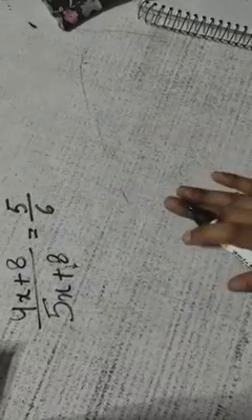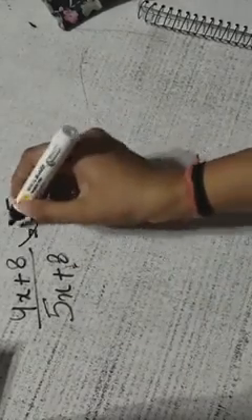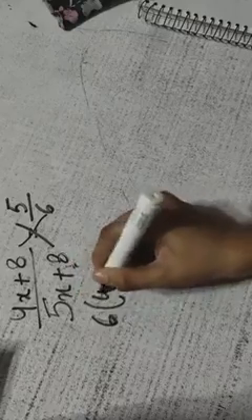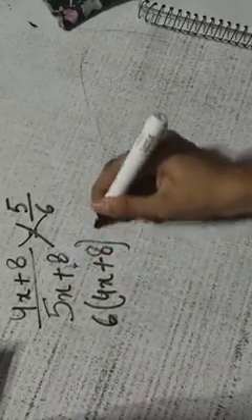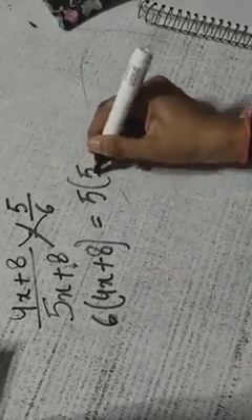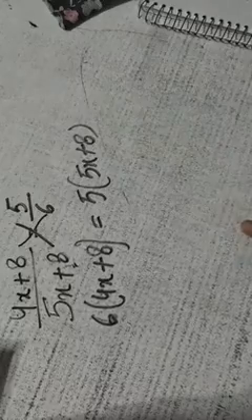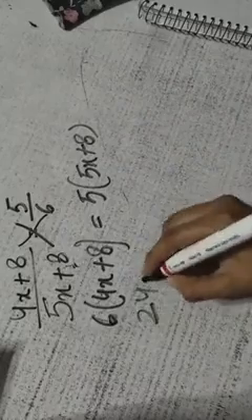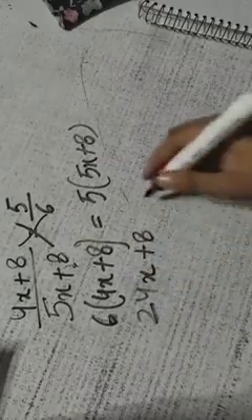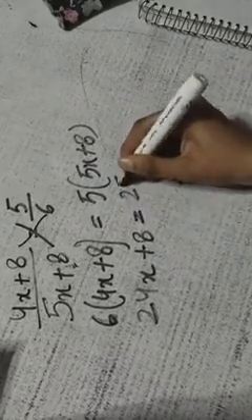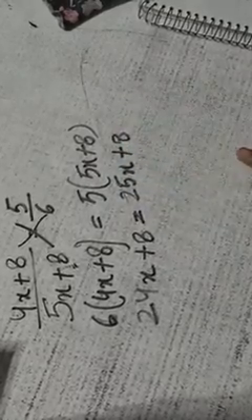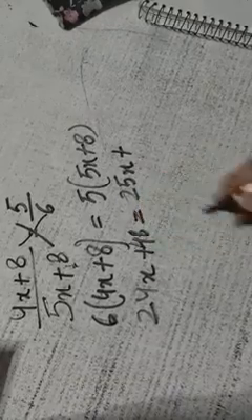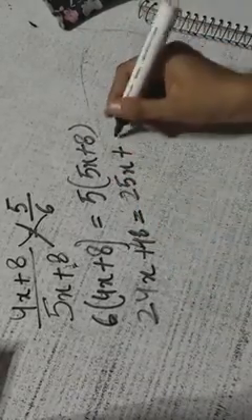Now solve this equation. How will we solve? We will cross multiply. Okay, 6 into 4x plus 8 equals 5 into 5x plus 8. Now we have solved this kind of equation. This will be 24x plus 48 and 5 times 8 is 40.